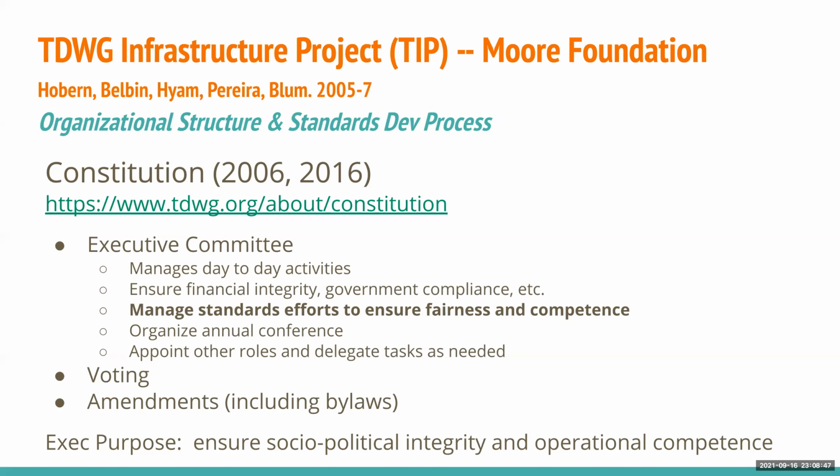So the executive committee is the key body, manages day-to-day activities, ensures financial integrity, governmental compliance, those sorts of things, and in particular is charged with managing the standards efforts to ensure fairness and competence. They do other things, organize the annual meeting, and then they have the power to appoint other roles and delegate tasks as needed. The Constitution also sets forth how we vote on things. We try to do standards development by consensus, not so much by voting.